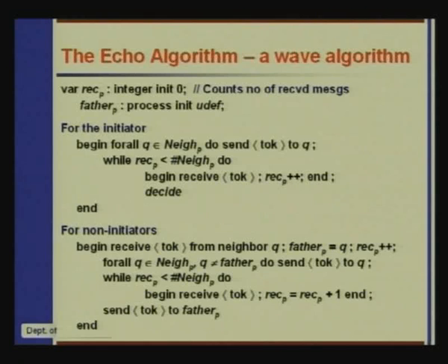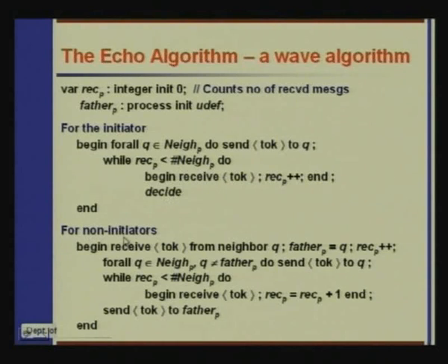So, this is the echo algorithm which is familiar to us from previous classes, that the initiator starts by sending token messages to all neighbors, okay, and then waits to receive token from all the neighbors and then decides, right.